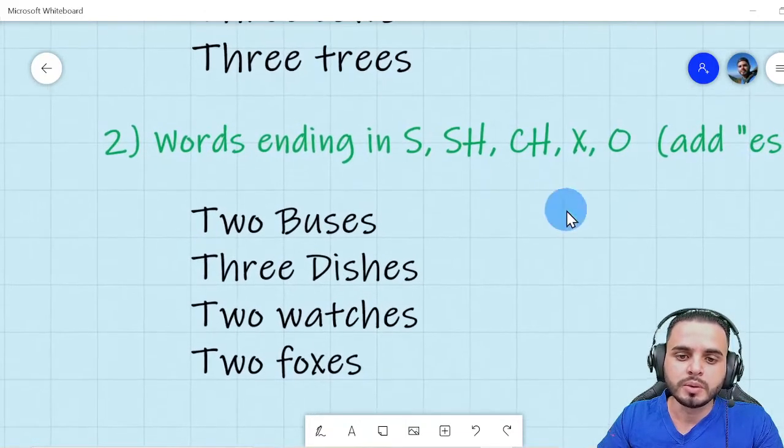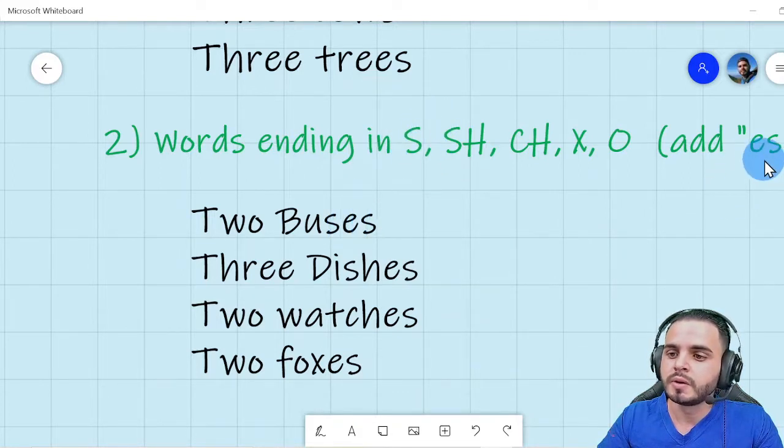So we have an example, the word bus. Because it ends with an S, this is like an exception to the general rule. Then we're going to add ES, just as the rule says. So instead of one bus, we have two buses.